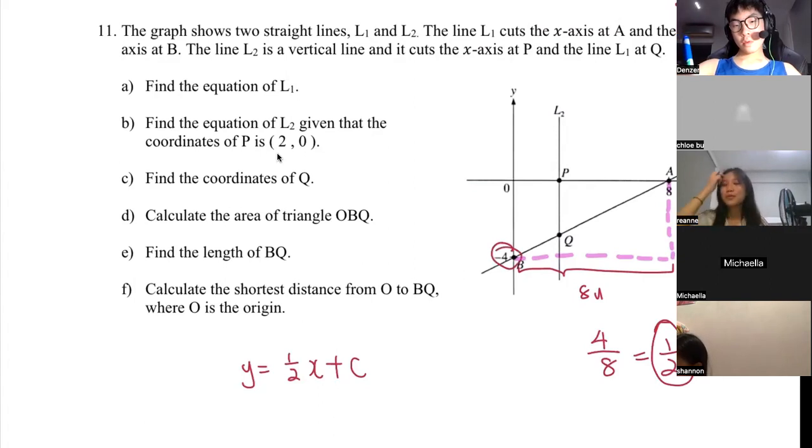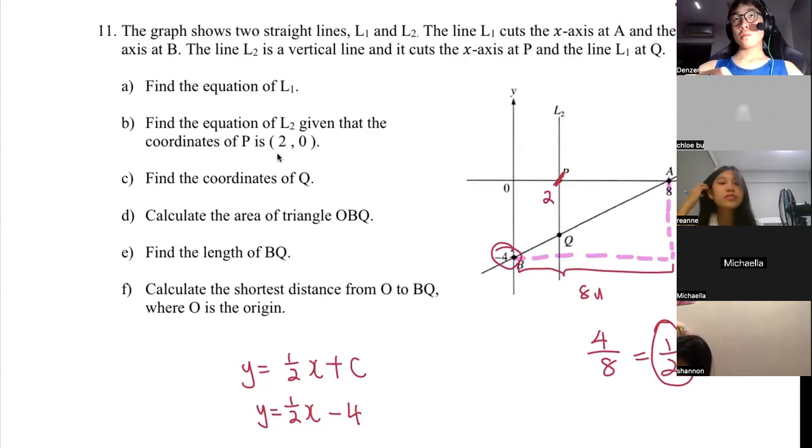It cuts the y-axis at -4, right? So in this case, we don't need to sub in values. We can just take it off the graph. So it's just y equals to half x minus 4. That is my equation of line 1 already. Okay, line 2, given that the coordinates of P are 2, 0. So here it's 2. Who can tell me what's the equation of line 2?